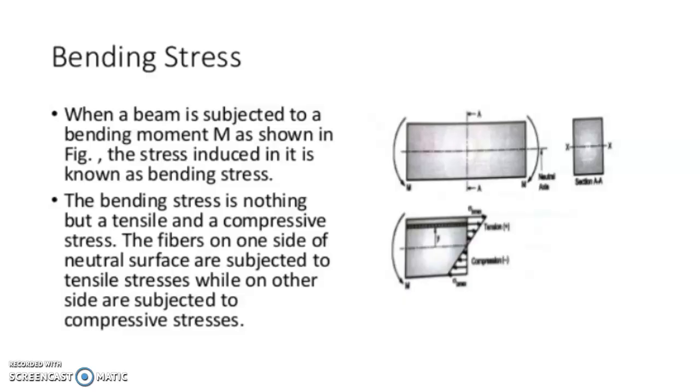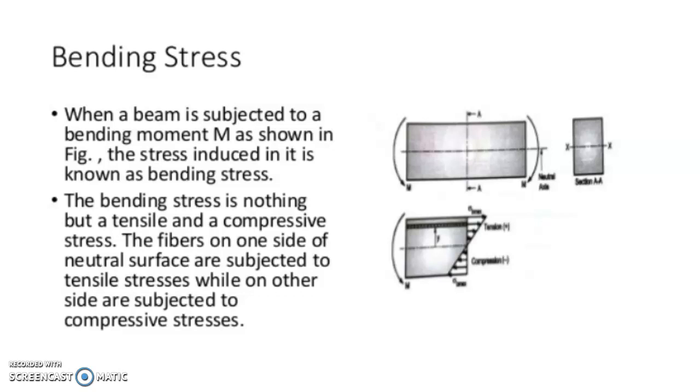And next one is bending stress. When a beam is subjected to a bending moment, denoted as capital M, the stress induced in it is called bending stress. As shown in the figure, M is shown on the bottom side of the first figure. In this section, there is a combination of tensile and compressive stress.